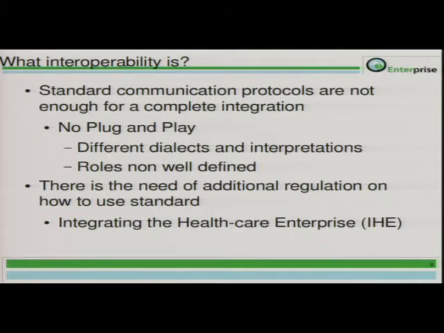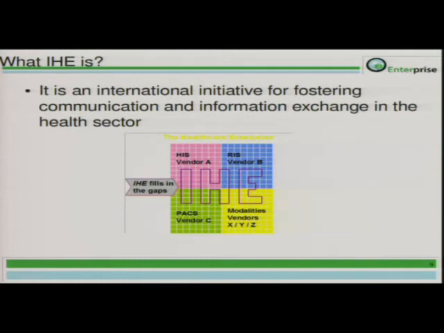And so you need an interoperability initiative like IHE, Integrating the Healthcare Enterprise, which is the most famous initiative for interoperability in healthcare. It is a completely international initiative for fostering interoperability. It's a solution for linking all the vendors together in order to connect and exchange information immediately in the healthcare sector.